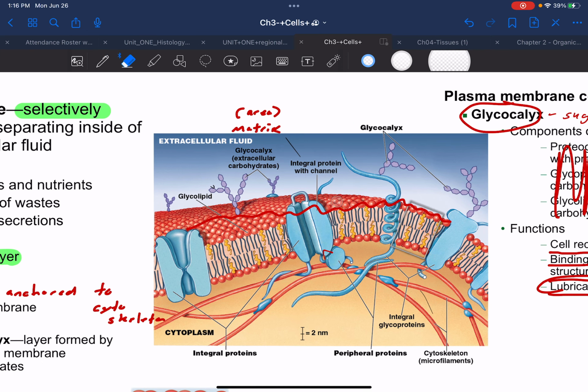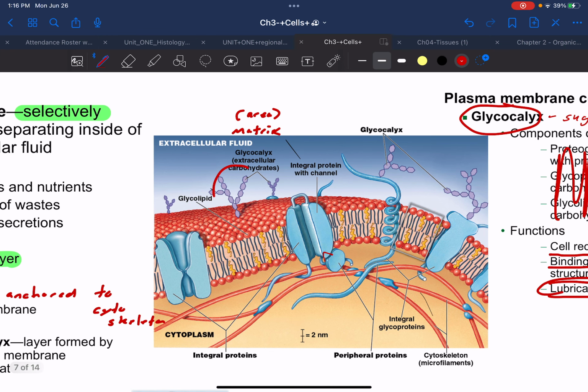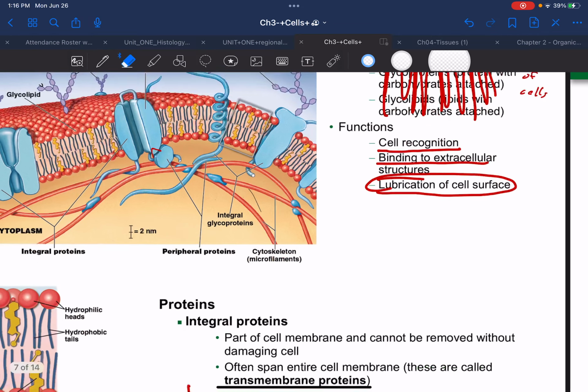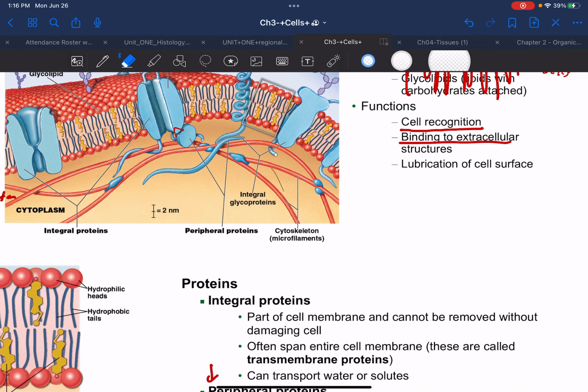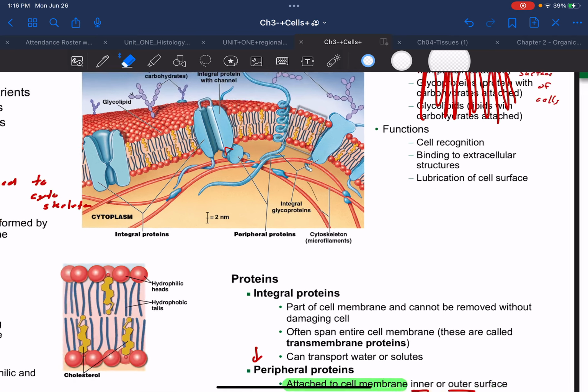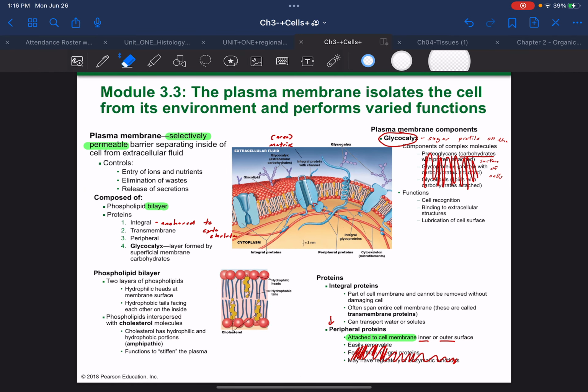When you think about a boat going onto its shore or onto its, what do you call a place where you park a boat? A dock. It's like a segment where other cells will dock with these molecules, and they're not really rubbing and crashing into each other. And so sometimes you'll see it characterized as a function, lubricating the cell surface.